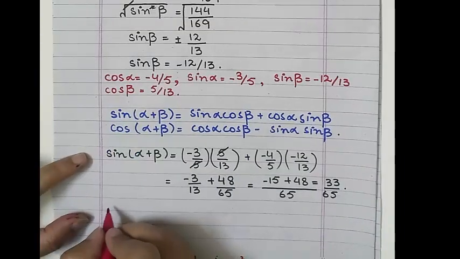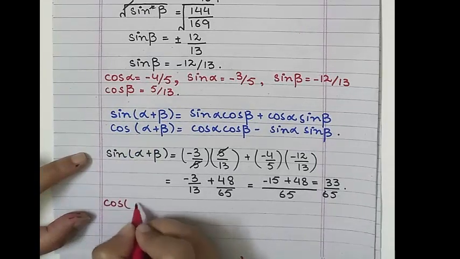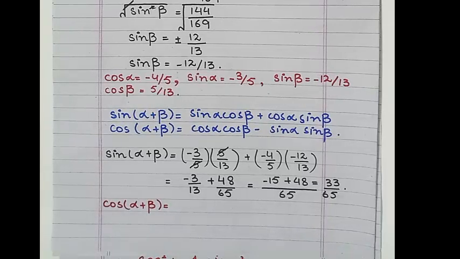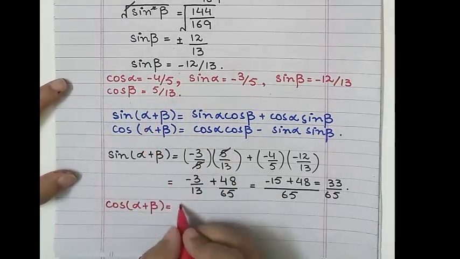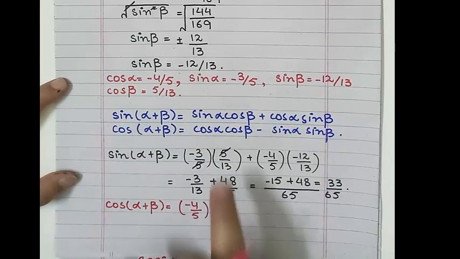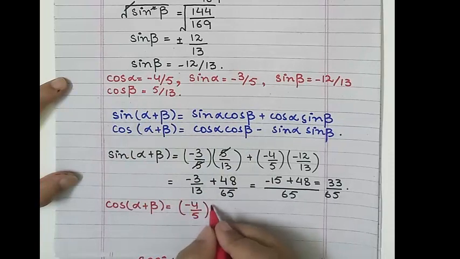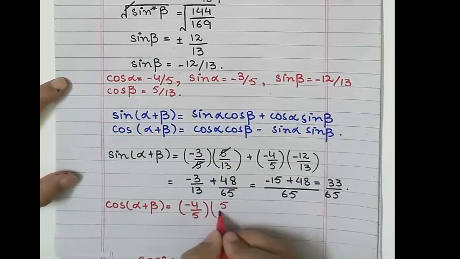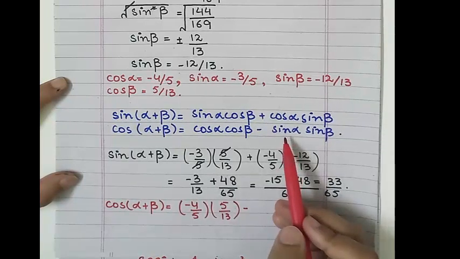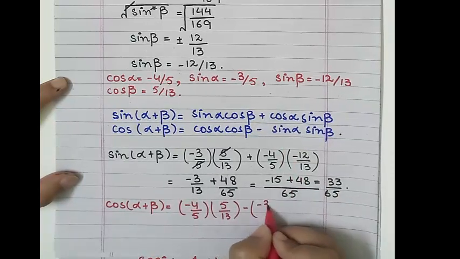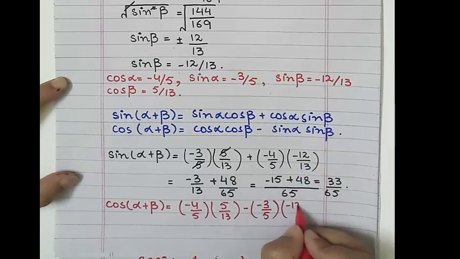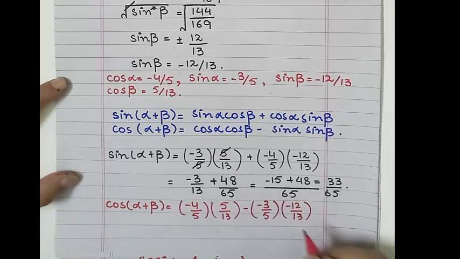Now to find out the value for cos alpha plus beta, the value of cos alpha is minus 4 over 5. The value of cos beta is 5 over 13, minus the value of sine alpha, which is minus 3 over 5, and the value of sine beta, which is minus 12 over 13.